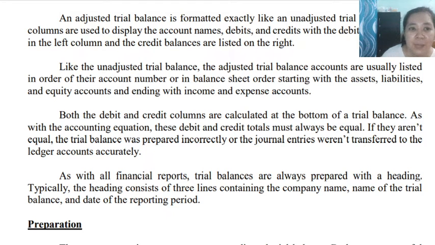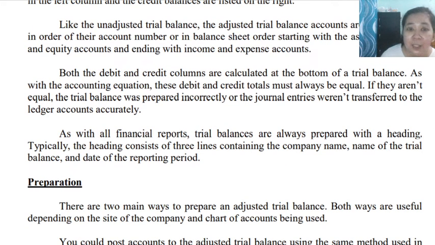Both the debit and credit columns of our adjusted trial balance should also be equal. As with all financial reports, it will have a heading, but in the illustration that I gave you, I just used the heading for our worksheet.